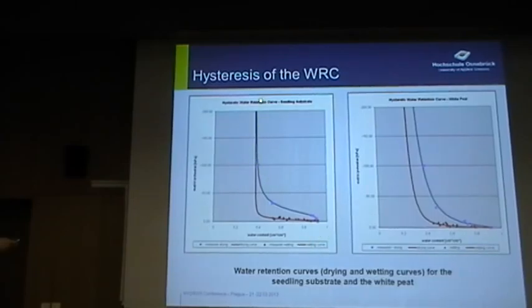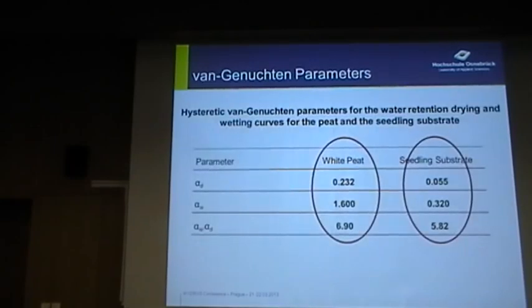This is the drying curve, and these are the results of this very simple way to measure hysteresis. Then we applied this to an optimization program. We changed the alpha parameter of the van Genuchten curve, and then we have the wetting curve and the drying curve for both parameters.